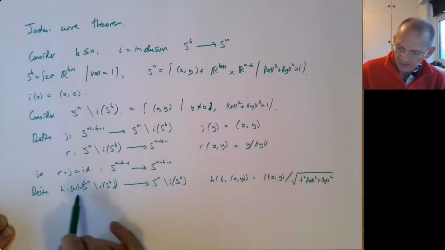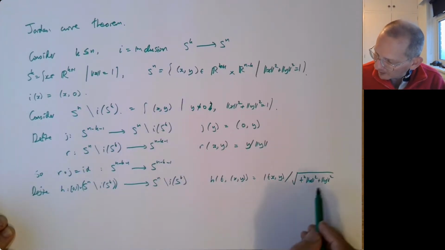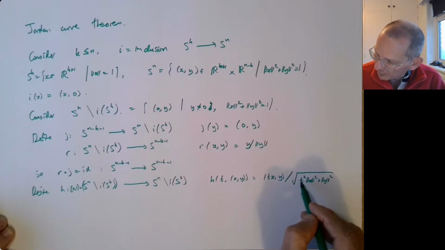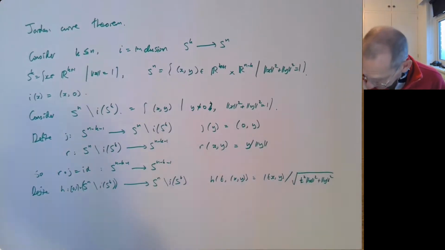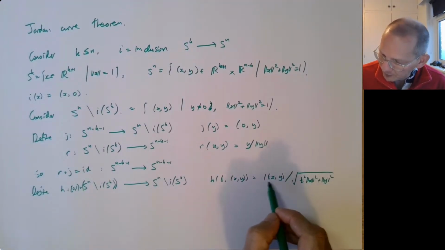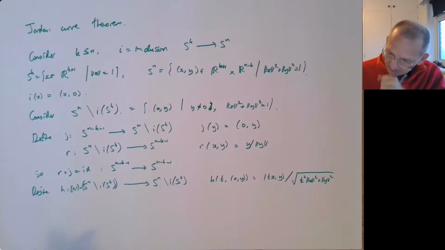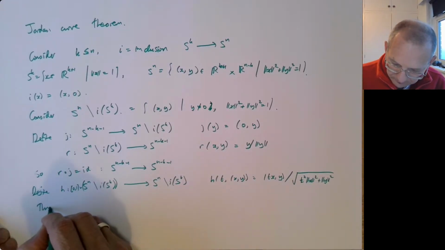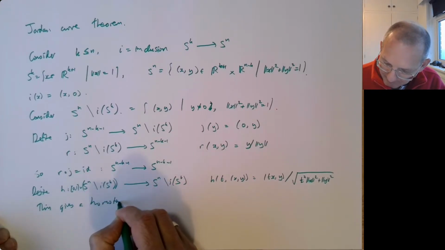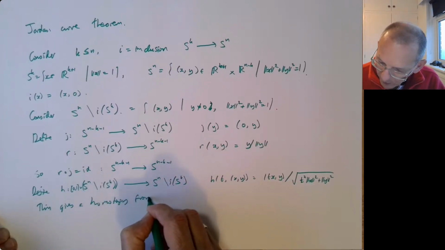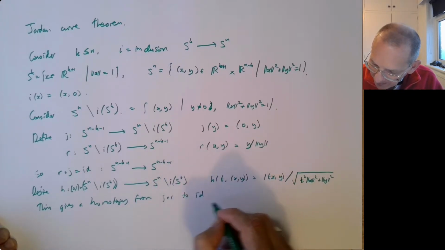And again, here we're working on this space where y is non-zero, so the square norm of y is strictly positive, so this quantity is strictly positive. It's meaningful to take the square root, and that will cause this to be a unit vector, so it will actually lie in this space. So this gives a homotopy from j composed with r to the identity.